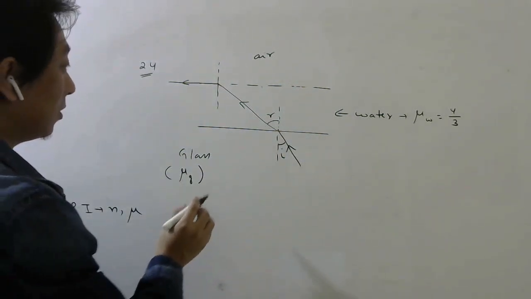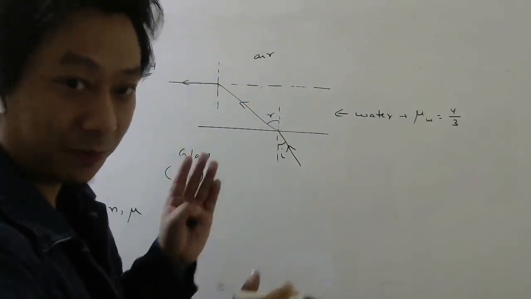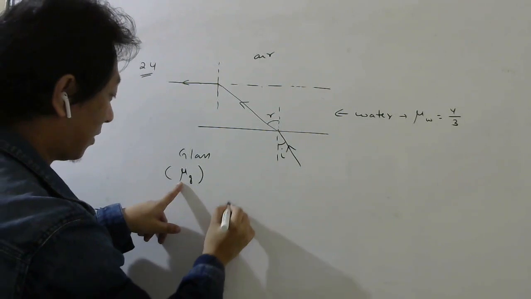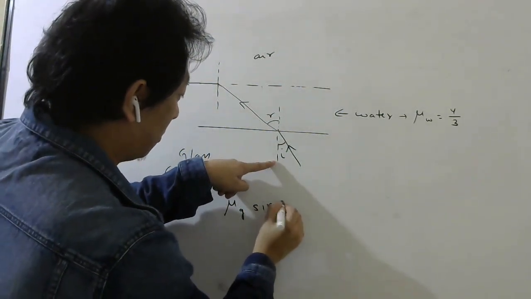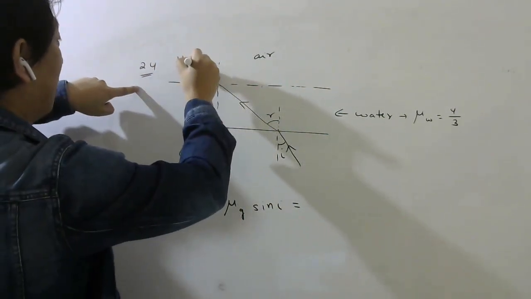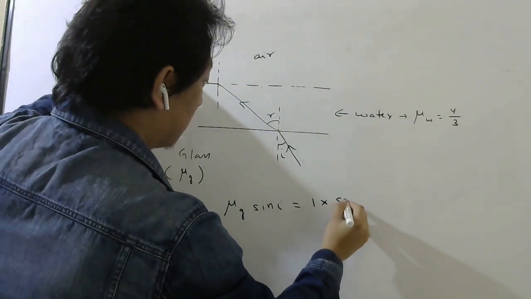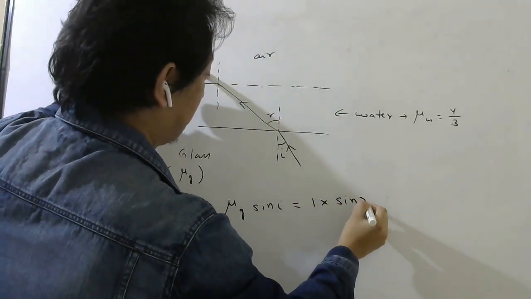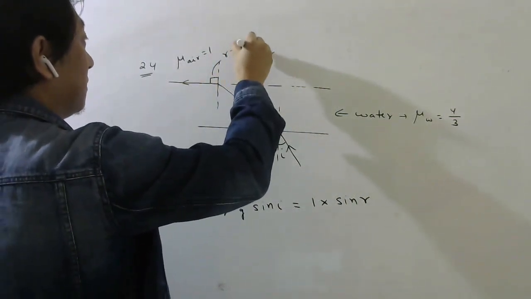So what we can do, forget about this middle part. Remember whatever I taught you in the previous section. Then this refractive index into this sin i should also be equal to this refractive index. What is the refractive index of air? 1. 1 into sine of r. This r. And this r is clearly 90.